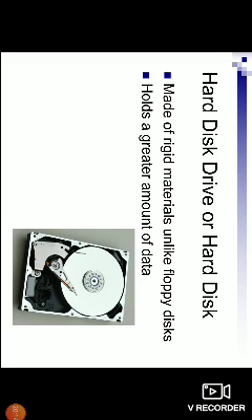Nowadays we have different types of hard disks with different sizes. For example, a 256 GB hard disk, a 1 TB hard disk, a 2 TB hard disk, like that.